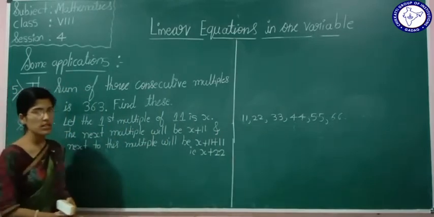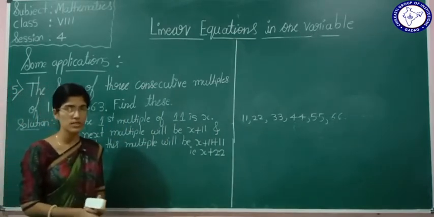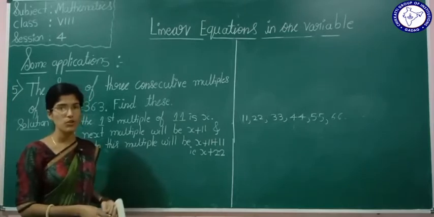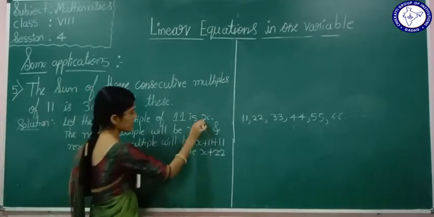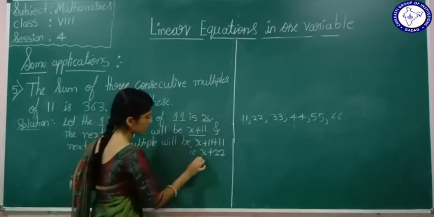Now we got three consecutive multiples of 11, that is we assumed them as x, x plus 11, x plus 22.